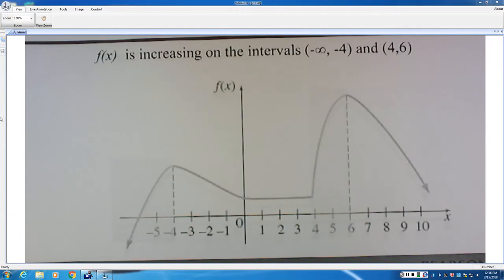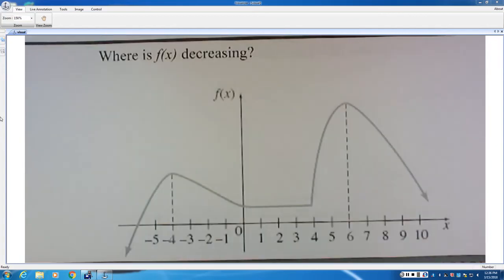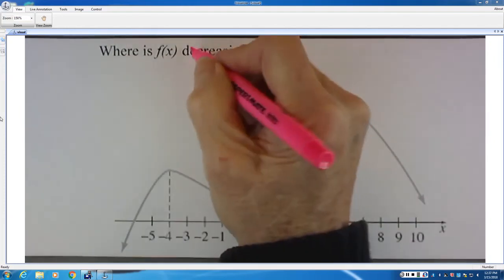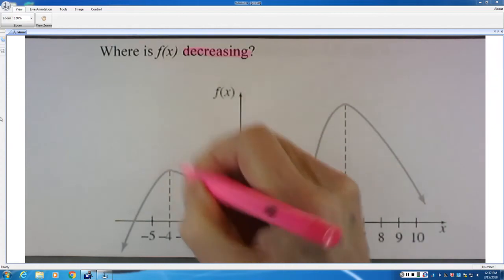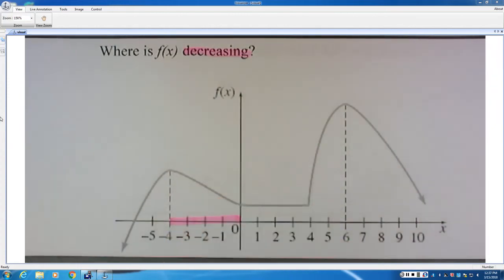Okay. F of x is increasing on the intervals that we just saw. Now where is it decreasing? -4 to 0. Okay. It's decreasing from -4 to 0.